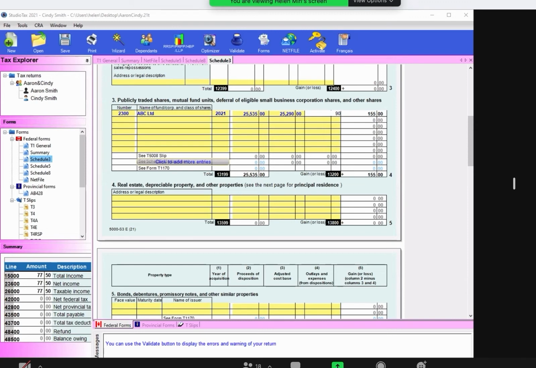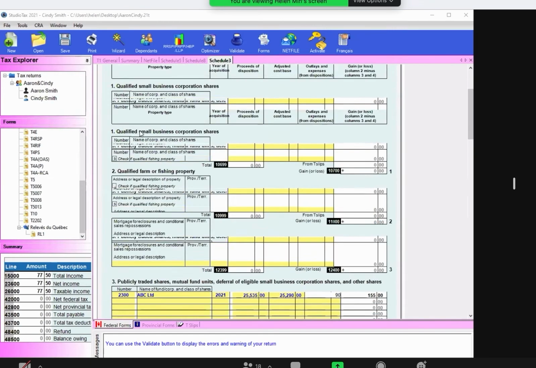I just remembered that some student asked me, you already finished your tax return, but you're missing your T2202. My suggestion is you use this studio tax.